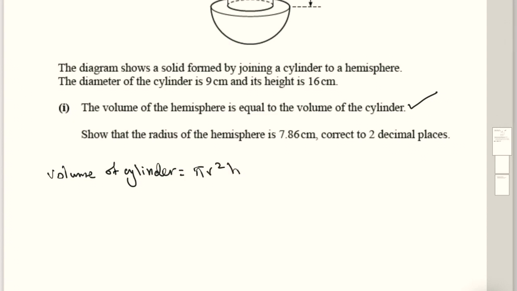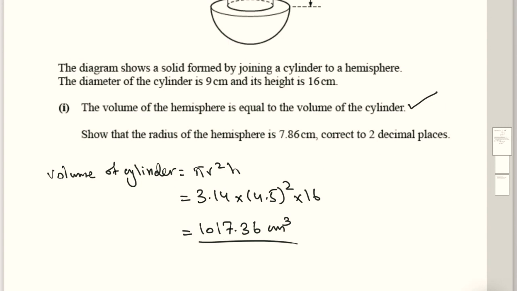In this case, the value of r is 4.5, so we'll use that. 3.14 is the standard value of pi, times 4.5 squared, times 16, which is the height of the cylinder. Eventually, you get 1117.36 centimeters cubed, which is the volume of the cylinder as well as the hemisphere, as mentioned in the question.